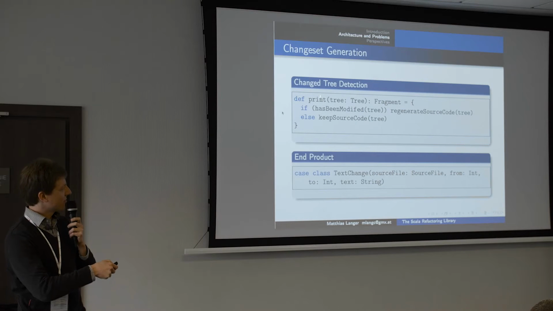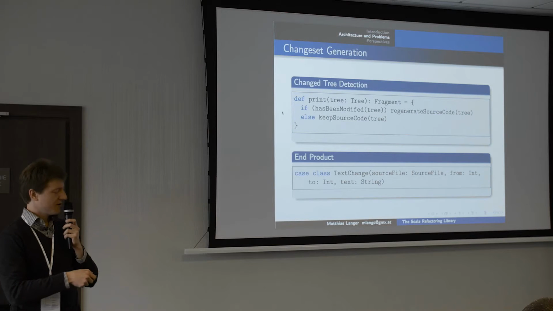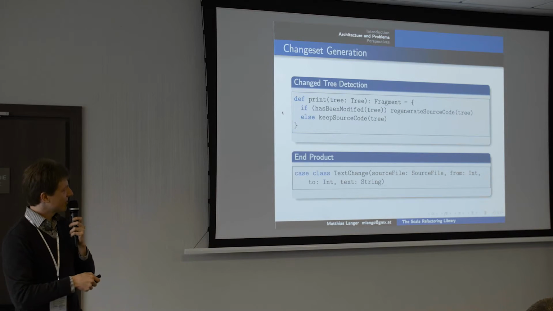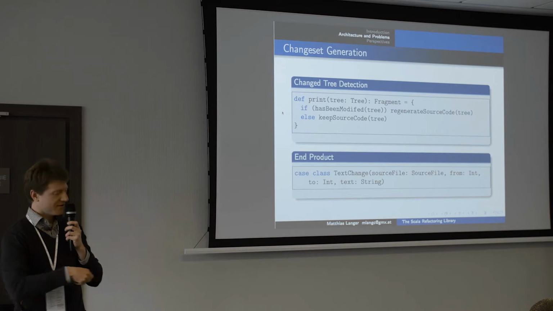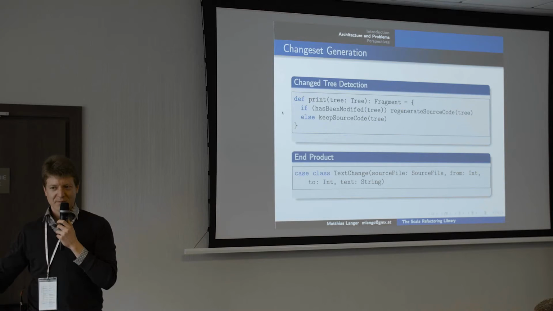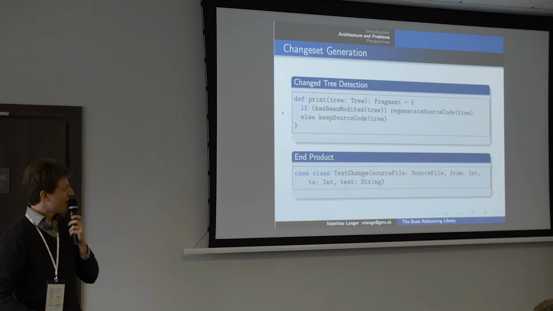Grossly simplified, the method that prints out the trees in the refactoring library looks like this definition here. If a tree has been modified, the source code is regenerated, and if the tree has not been modified, the original source code is just kept as it is.